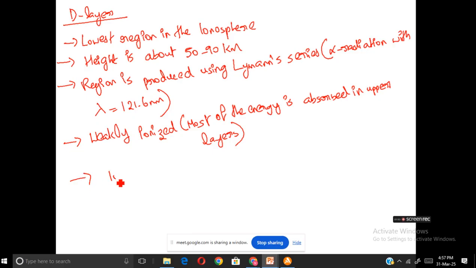The daytime density is around 10 raised to 8 to 10 raised to 10 electrons per meter cube. And this disappears during nighttime. The D layer disappears during nighttime.